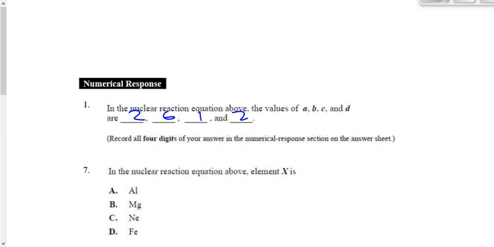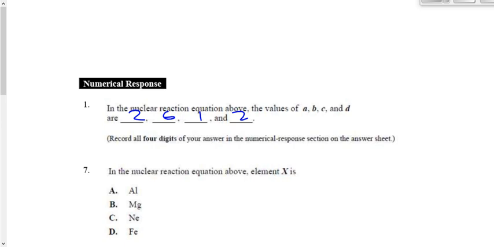Now, what would the 2 physics principles be that I used to answer this one, even though we're not asked to identify them? How do you know which physics principles to pick from? Bottom left-hand corner of your data sheet, it lists a bunch of them. Again, we'll talk more about this next week, but it's a perfect question to introduce this idea. In order to determine 2 and 6, the mass number, I used principle number 8, conservation of nucleons.